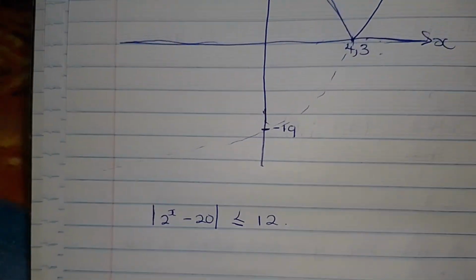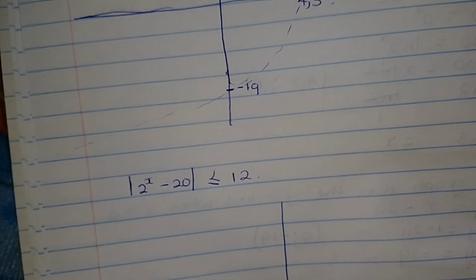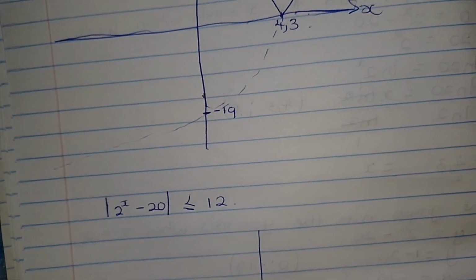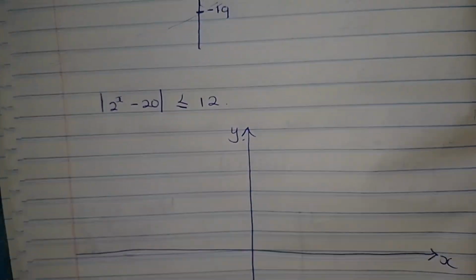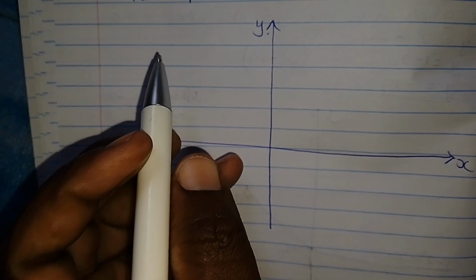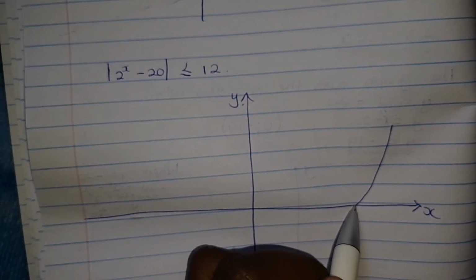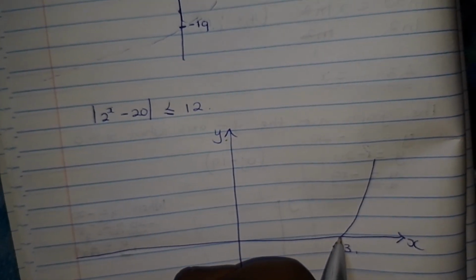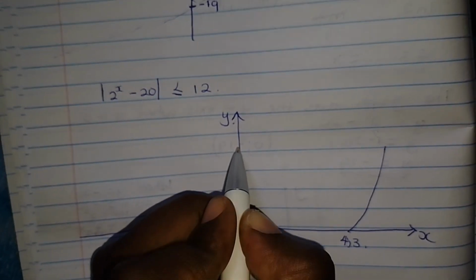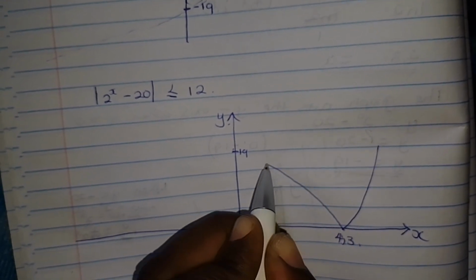Right, so we need to draw the graph of, let me quickly draw a neat diagram down here. This is our x and this is our y. So we are going to have the graph coming to 4,3 there, and it's being reflected upwards up until 19 there.